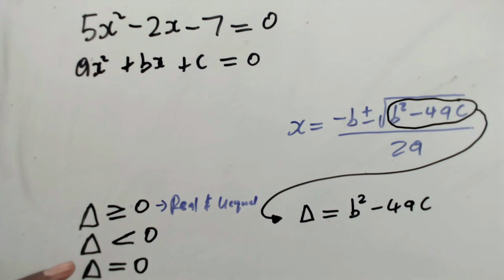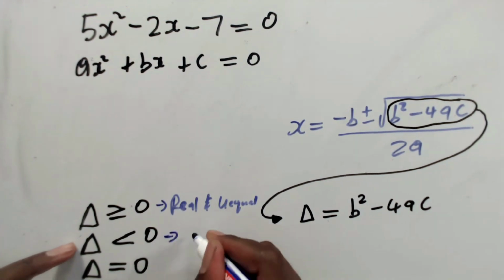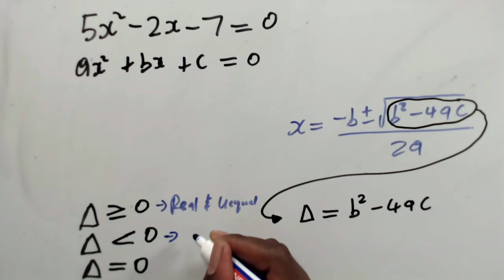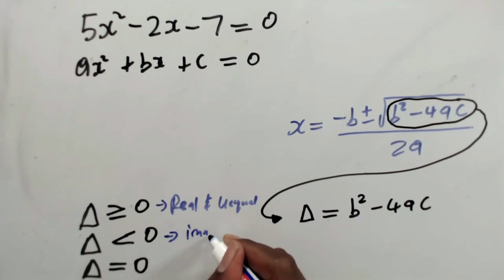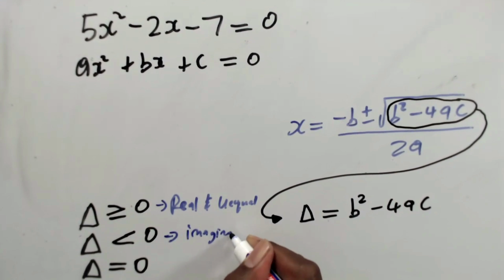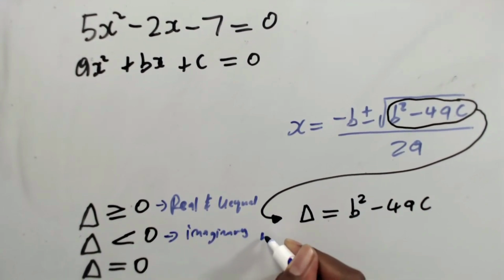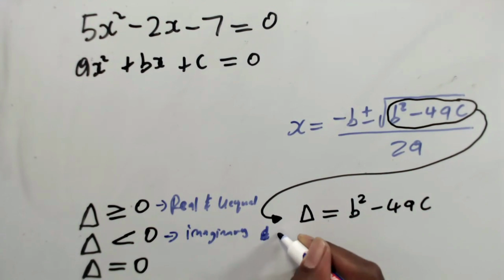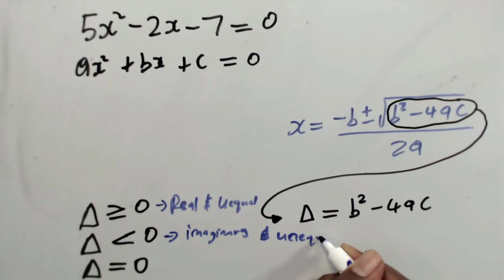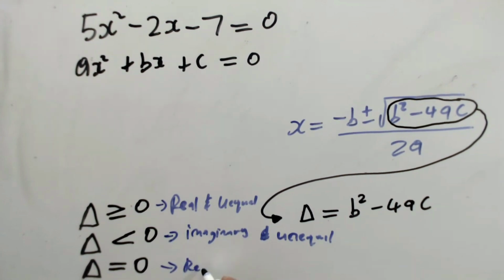If delta is less than 0, we say we have imaginary roots, and those roots are unequal as well. And for a case where delta is equals to 0, we say that we have real and equal roots.